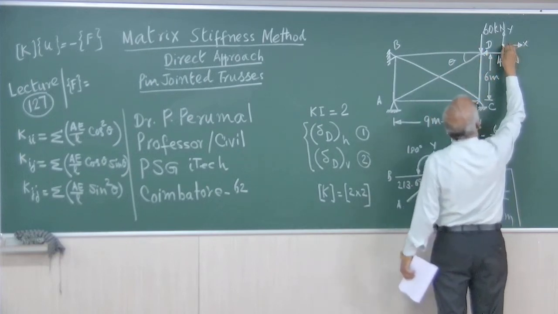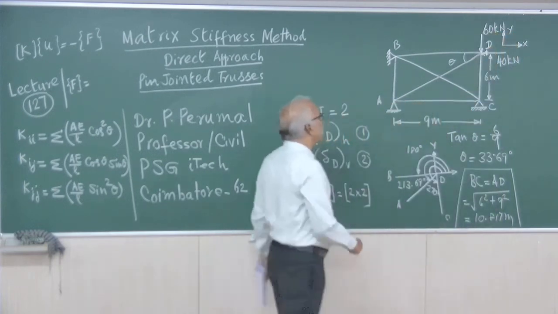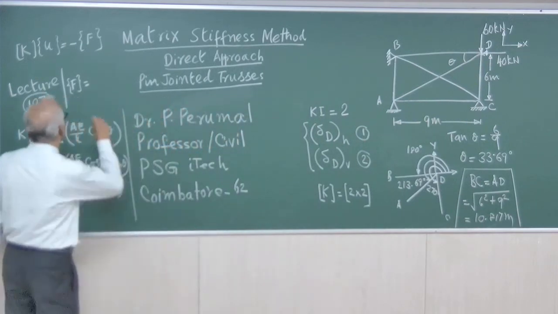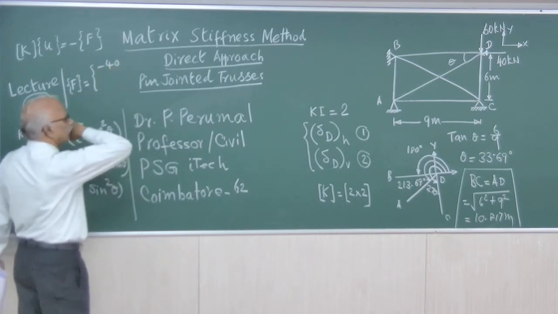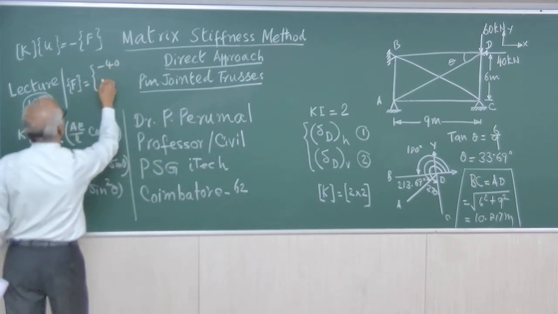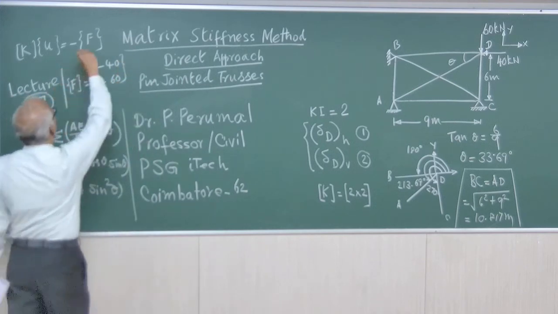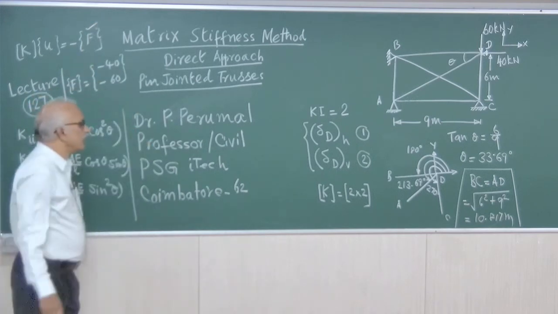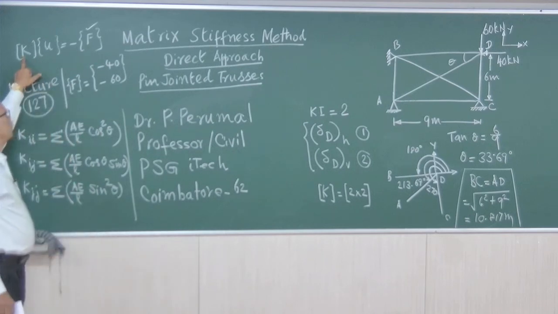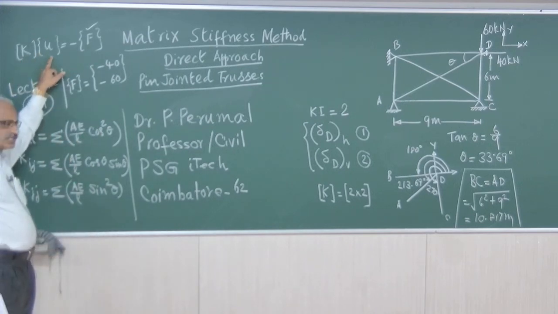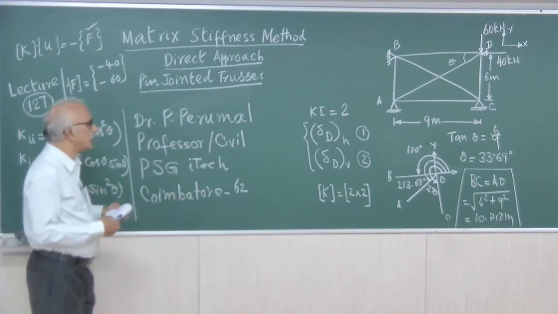Similarly, the y axis is like this, and the force is in the downward direction, 60. So along x it is minus 40, and along y it is minus 60. That is about the force vector; the right hand side force vector is directly available. Now, we have to derive the stiffness matrix, find out the unknown displacements, and from the displacements get the member forces. That is the procedure, right.